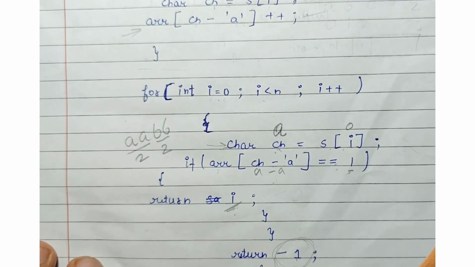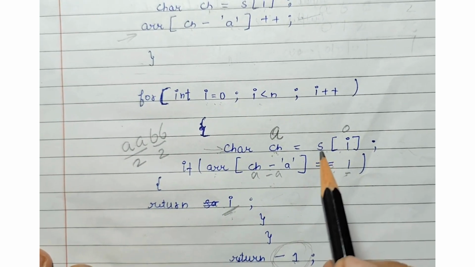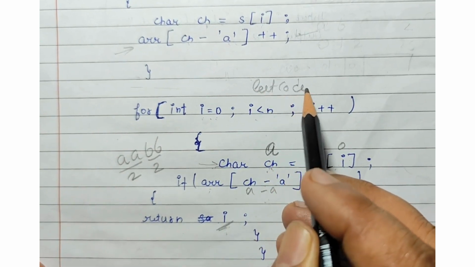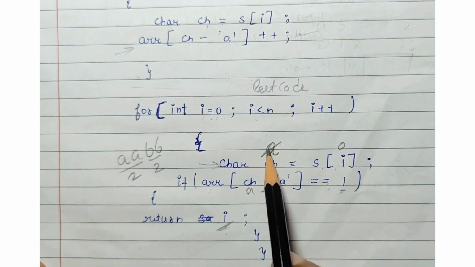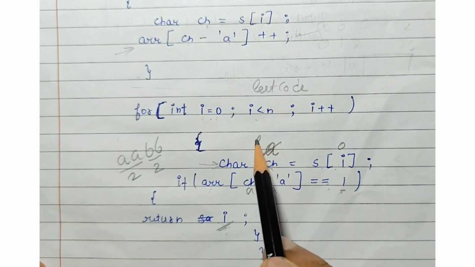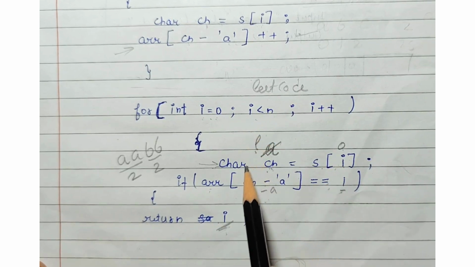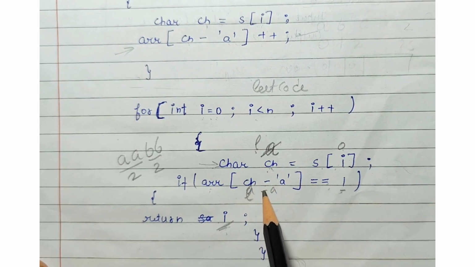If your string is, suppose, leetcode, then at first L will come here, at index 0. So we fetch the frequency: now L minus A becomes 11.